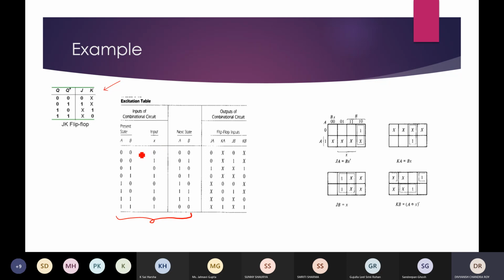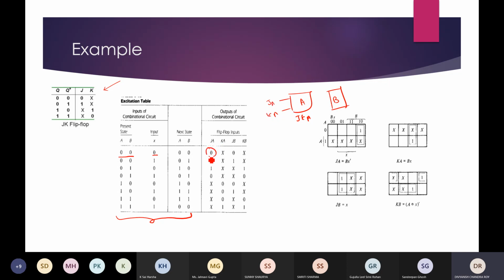If you see clearly here, if the present state is 0 0 and input is 0, then we will require two JK flip-flops. Now I am considering two JK flip-flops, one is A and another one is B. So it will have JA and KA inputs.